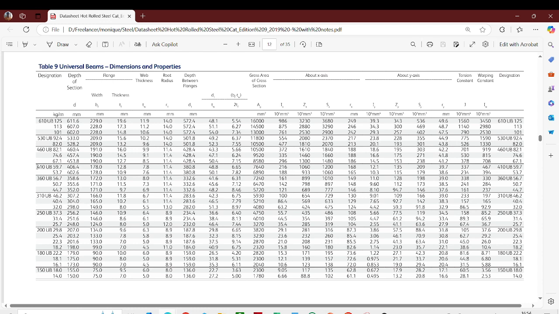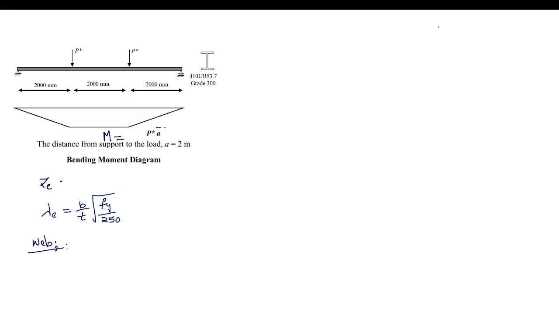So I am looking for 410 UB, which has 53.7 kg per meter weight, and I am noting down all these values, whatever required values to calculate the slenderness. So I am directly writing it. So the web has a thickness of 7.6 mm.